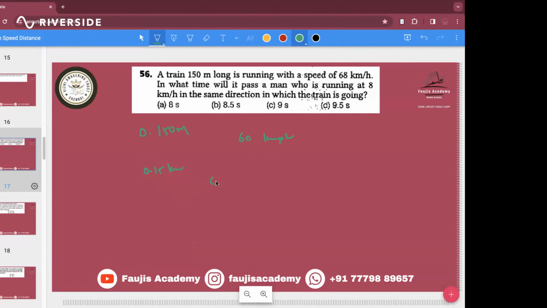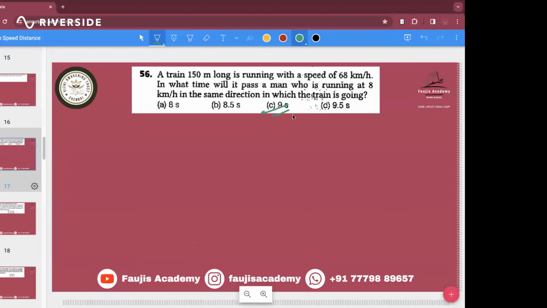Time is equal to distance by speed, into 60 into 60. I did some mistake somewhere. One moment. Yes, guys. 150-meter long, 9 seconds. Just 9 seconds.